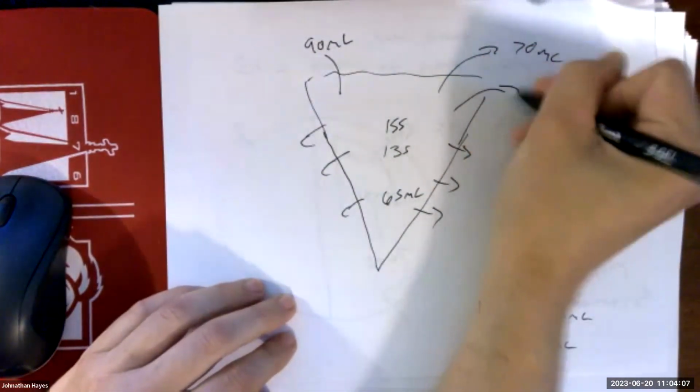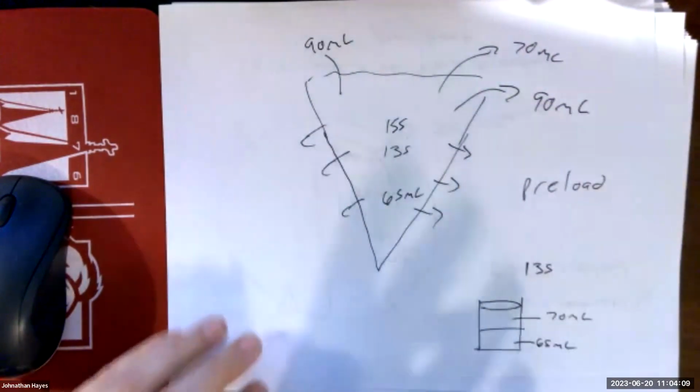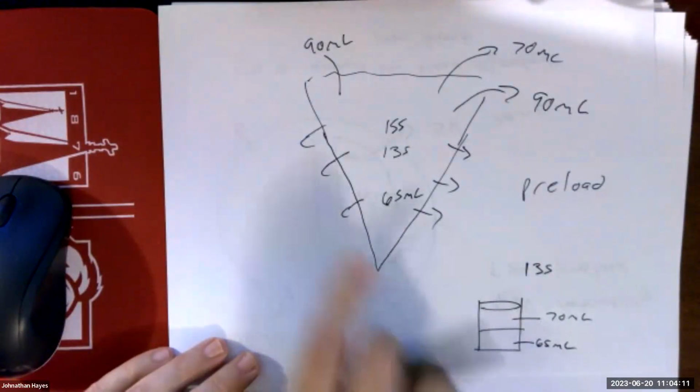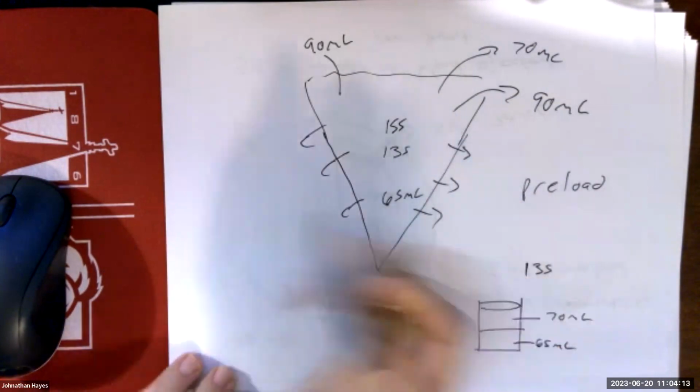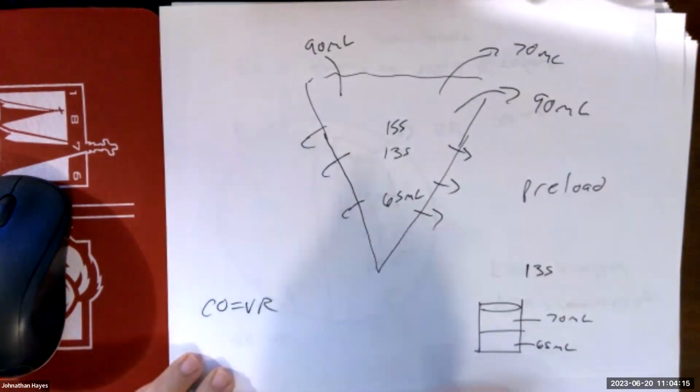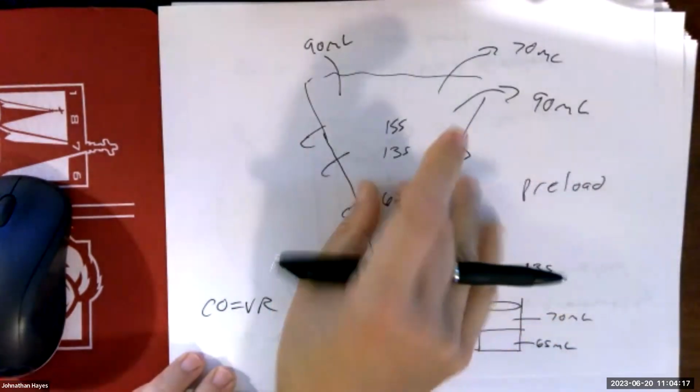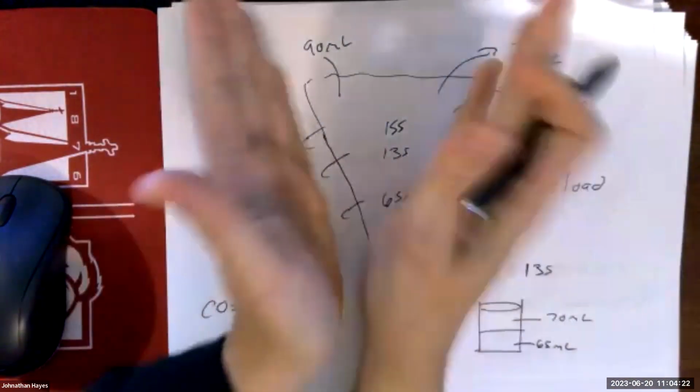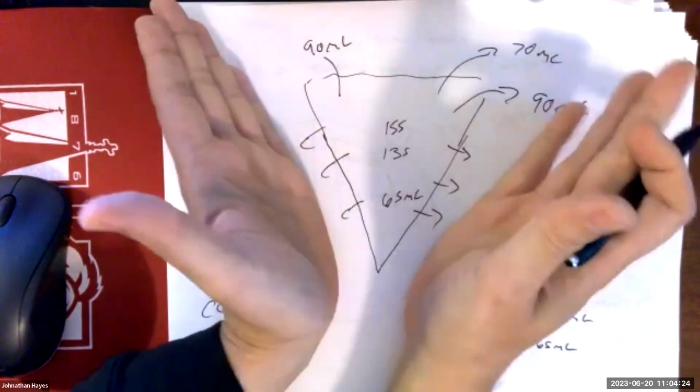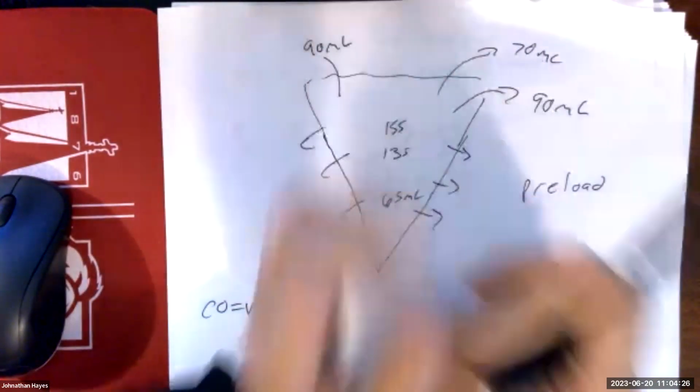So the next output would be 90 milliliters again if I didn't touch contractility. That's the Frank-Starling law, or the Frank-Starling mechanism that says cardiac output equals venous return. Because your heart can be distended or stretched out, it's called preloading it. And by preloading it, we're distending it a certain amount and it's going to naturally want to snap back.